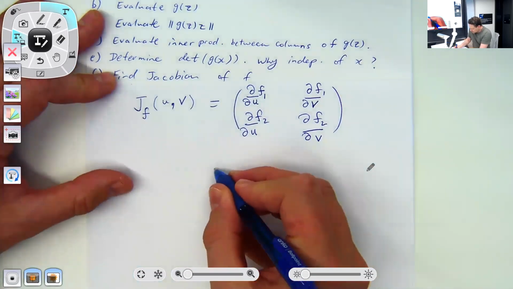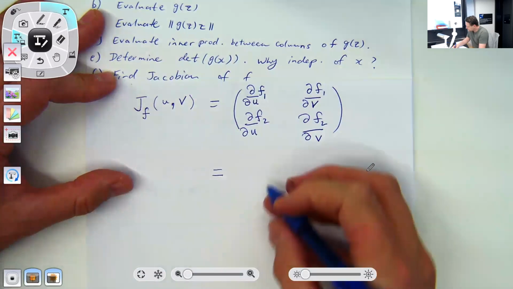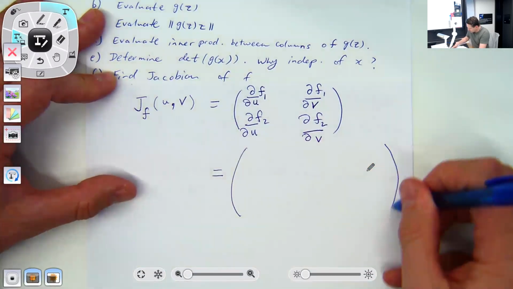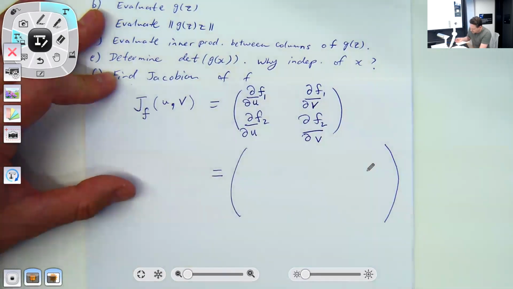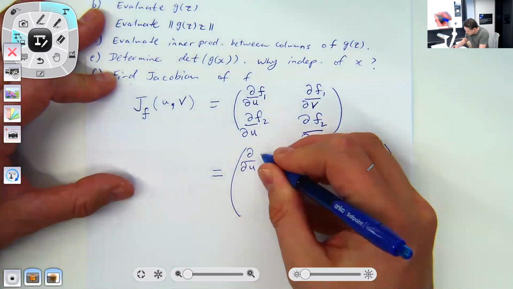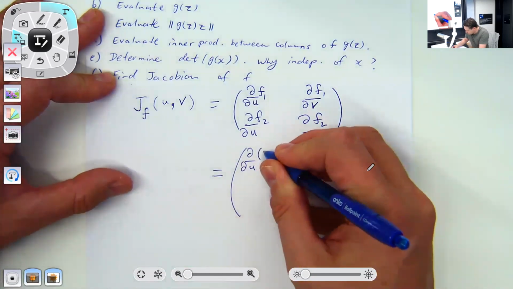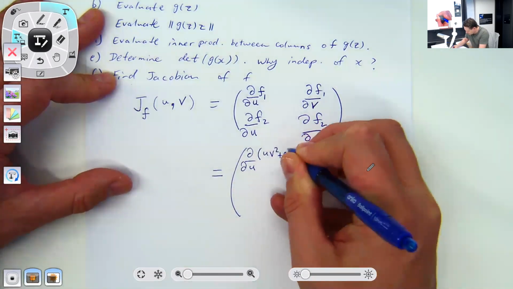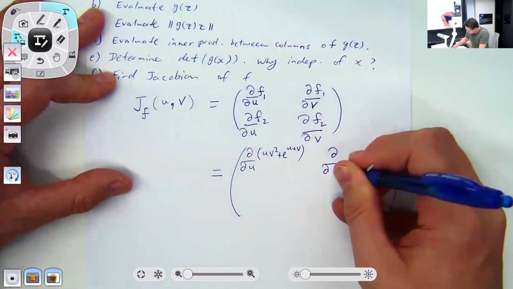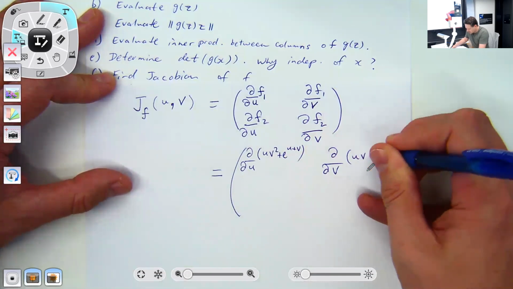Now that we have the formula for that, we can calculate. I'll just write it out. This will be a bit big and will take some time, but I think it'll be clearer for you. F1 is uv squared plus e to the u plus v, so I'll rewrite that here as well.